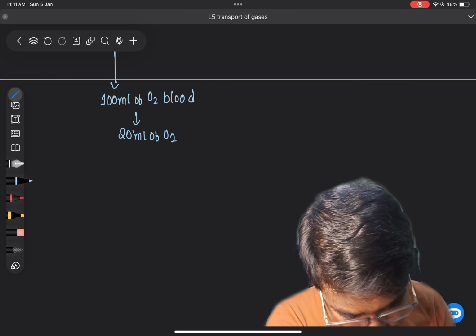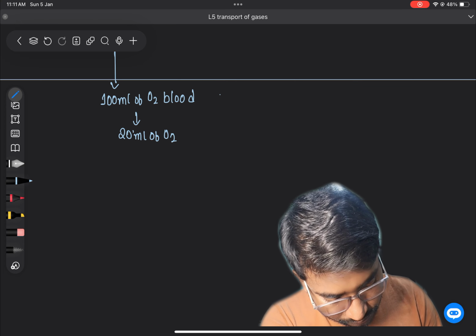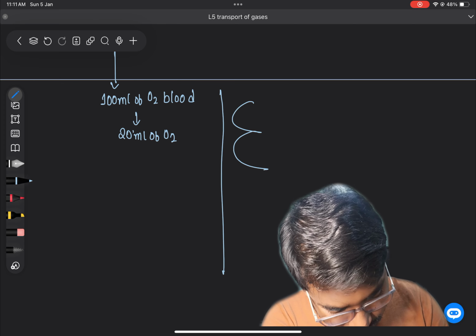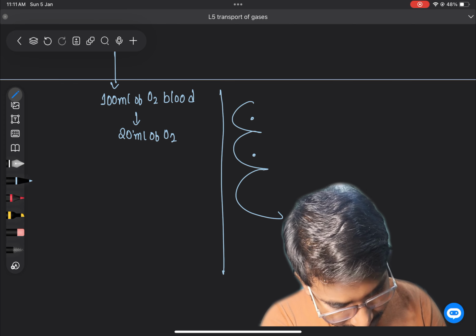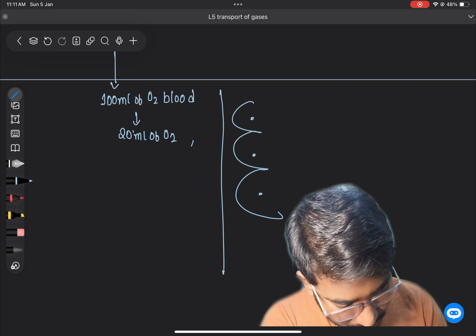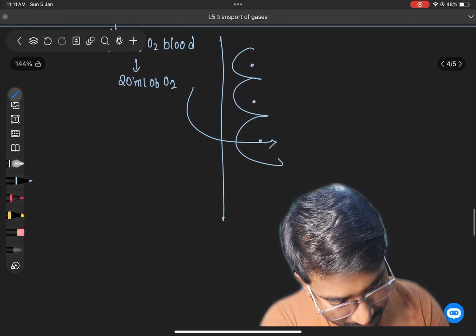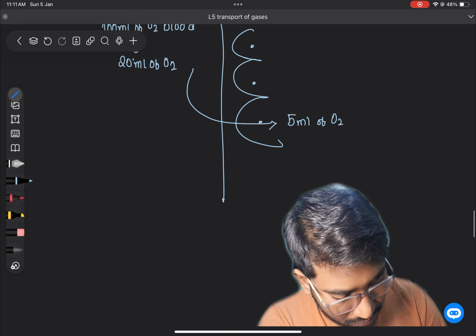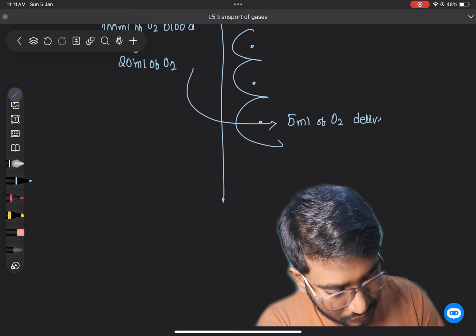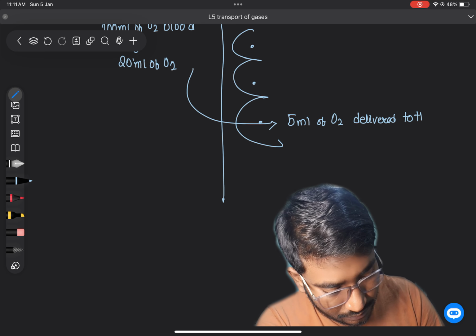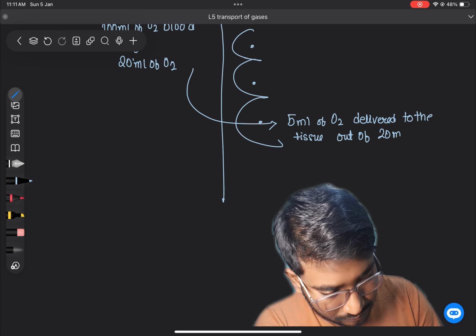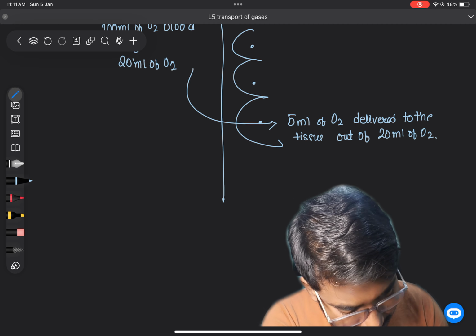Now here, 5 ml of O2 is delivered to the tissues out of 20 ml of oxygen. This is the tissue.